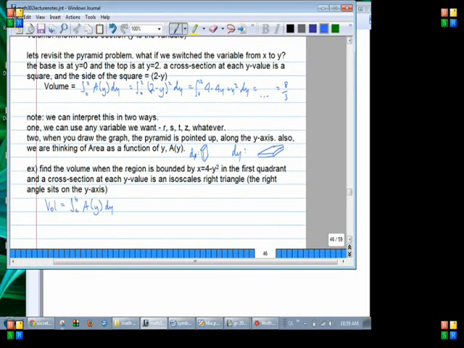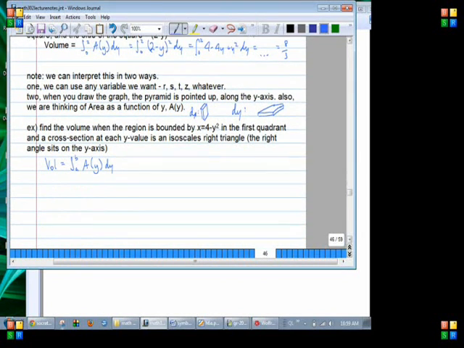Well, to help see this, let's draw a picture. So what does the graph of x equals 4 minus y squared look like? Well, it's a kind of parabola, but where does the parabola go? So it's now x as a function of y. So a regular parabola like this would instead look like this.